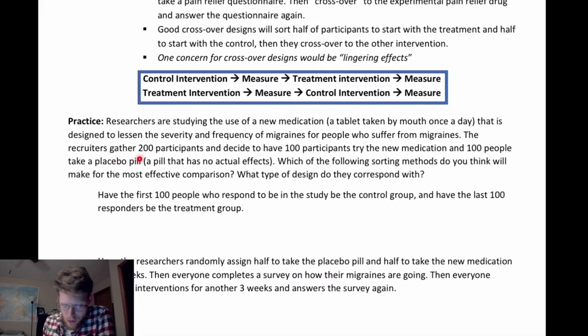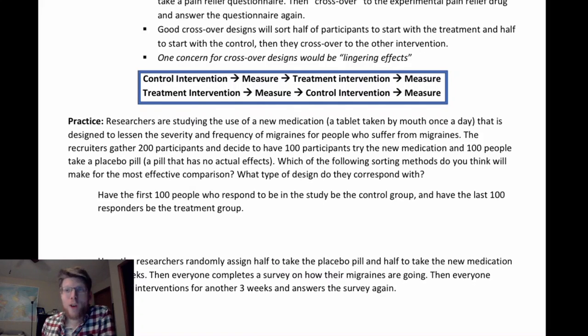The recruiters gather 200 participants and decide to have 100 participants try the new medication and 100 people take a placebo pill. Which of the following sorting methods do you think will make the most effective comparison, and what type of design do they correspond with?